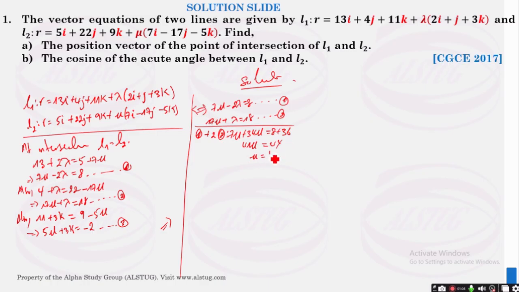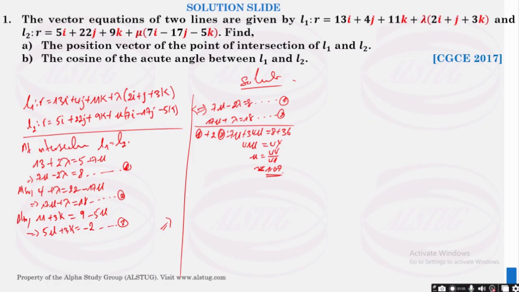So mu will be equal to 44 on 41. This will give us approximately 1.07.